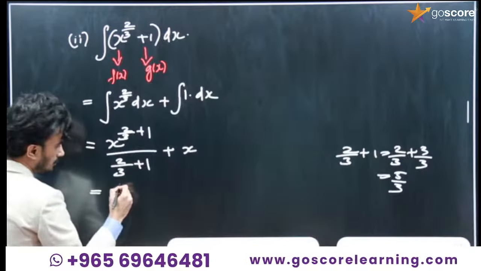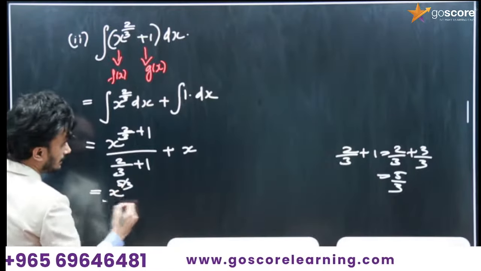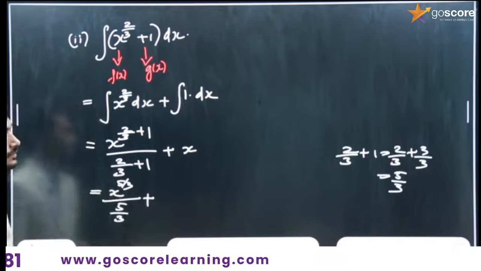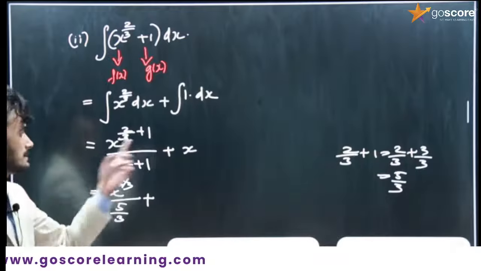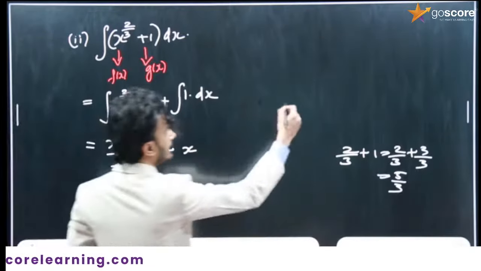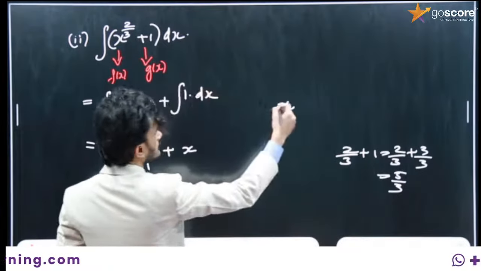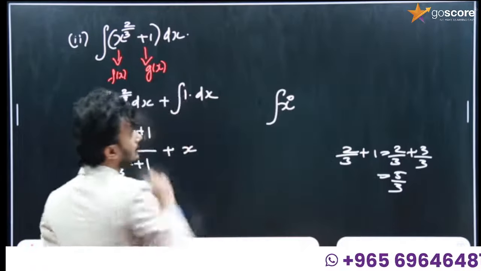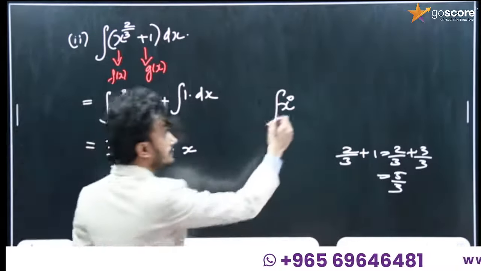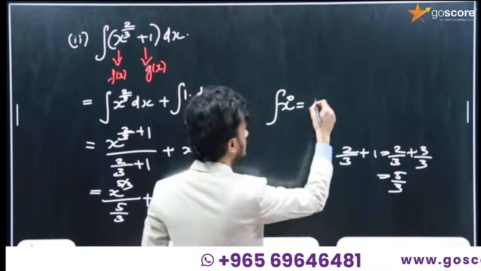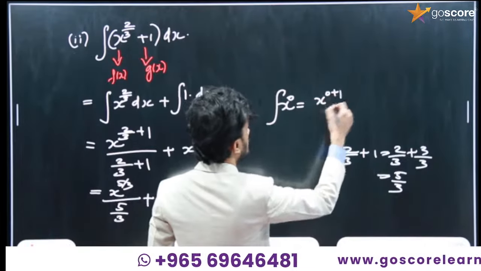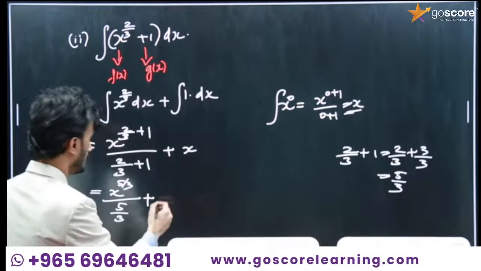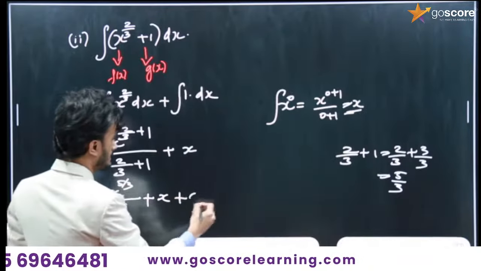X raised to 5 by 3 divided by 5 by 3 plus integration of 1 dx. This one is x raised to 0, and integral of x raised to 0 is x raised to 0 plus 1 divided by 0 plus 1, which is x. So it is x plus c.